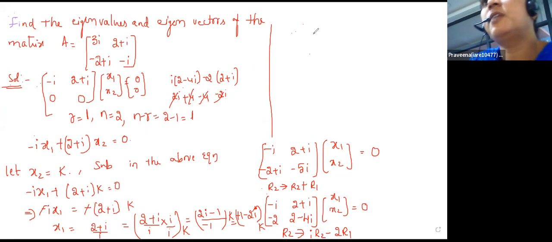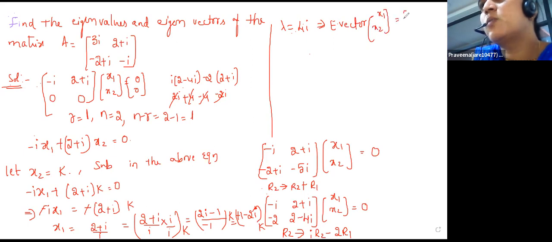Therefore, if lambda is equal to, what about the first eigenvalue here? Lambda is equal to 4i. For that case, eigenvector x1, x2 is equal to x1 as k, x2 as k, and x1 as 1 minus 2I into k.